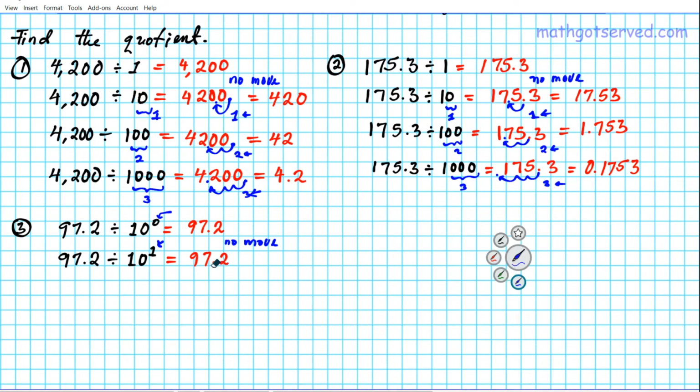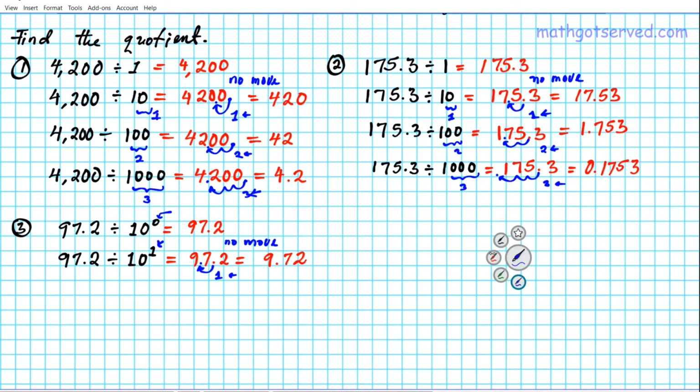The left. Okay, division goes to the left, multiplication to the right. Division smaller, multiplication bigger. Bam. That's where it's going to be. So our final answer is going to be 9.72.